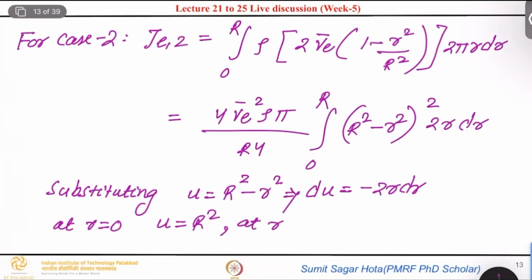At small r equal to capital R, u is equal to 0. I just substitute u equal to capital R square minus small r square. Now we have to change the limits and change the integrating variable.